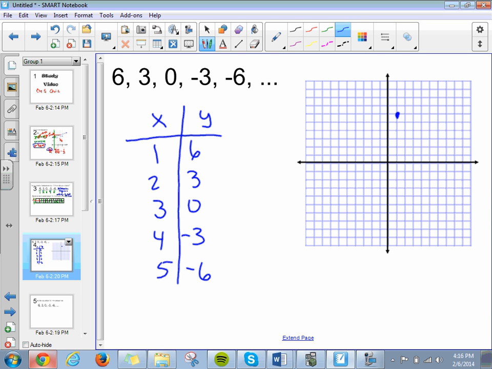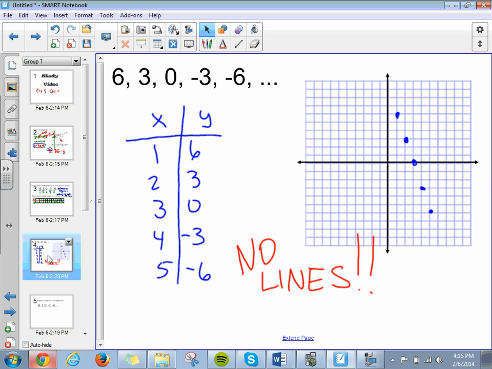We've got (1, 6), (2, 3), (3, 0), (4, -3), and (5, -6). Once we've plotted it, we're just plotting the dots. Remember that all sequences, not just this one, all sequences are discrete, which means there will be no lines. So do not draw any lines on this graph.